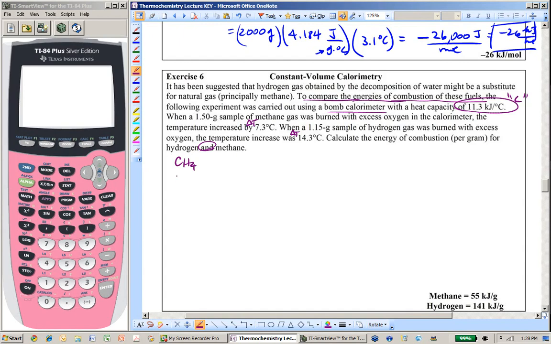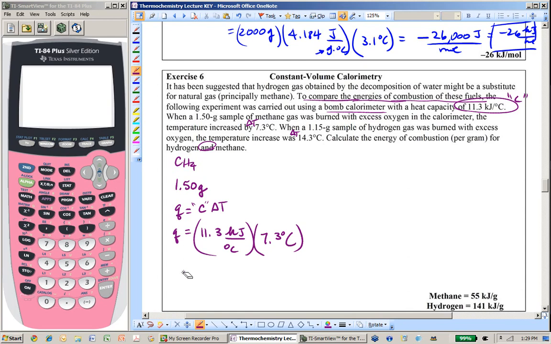What'd they give me? 1.50 grams gives Q equal to C, that's the big heat capacity of the calorimeter, times delta T. So Q equals 11.3 kilojoules per degree C times the number of degrees C it increased, which they told me was 7.3.